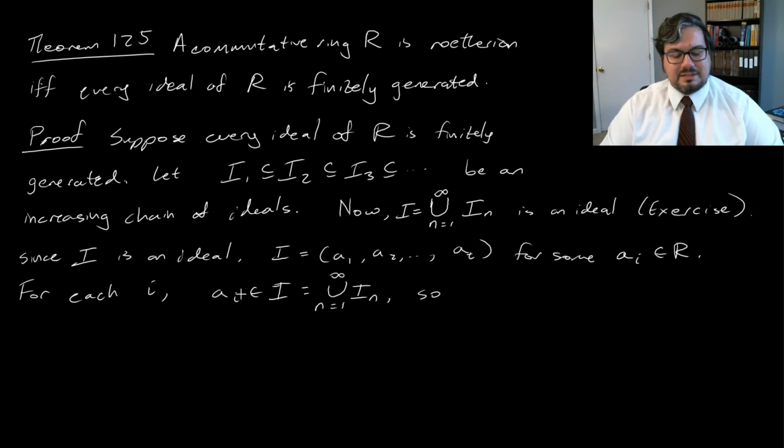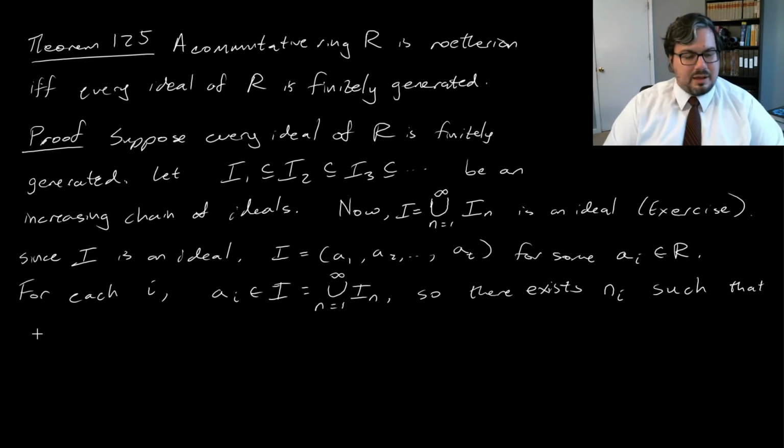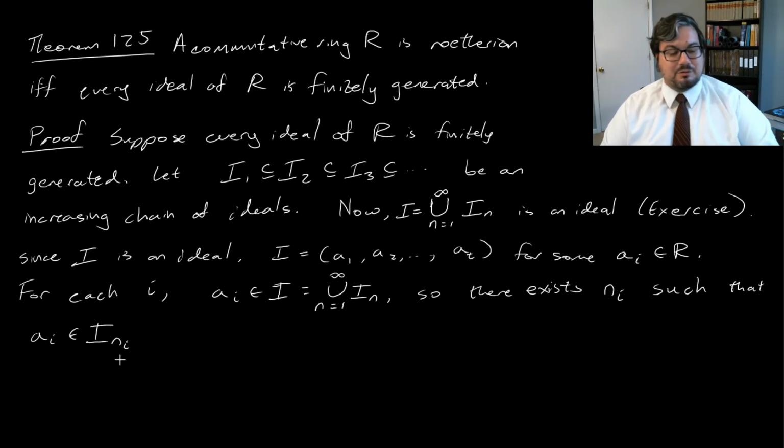So that means that we've got some element that's in a union of sets, which means that there exists some Ni such that Ai is contained in I subscript Ni, the Nith ideal in the chain.